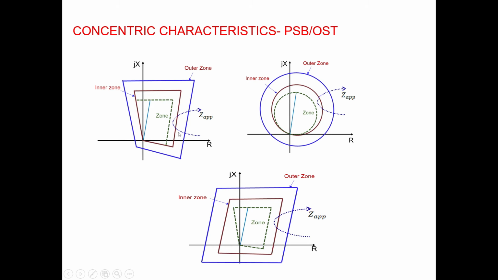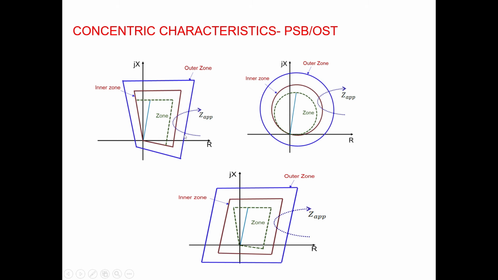Suppose this is the zone which you want to block, then a concentric characteristic is drawn. When there is a change in impedance from one point to another, the rate of change of impedance is calculated. How is it calculated? When the impedance change starts, it will first hit the outer boundary, then cross the inner boundary.